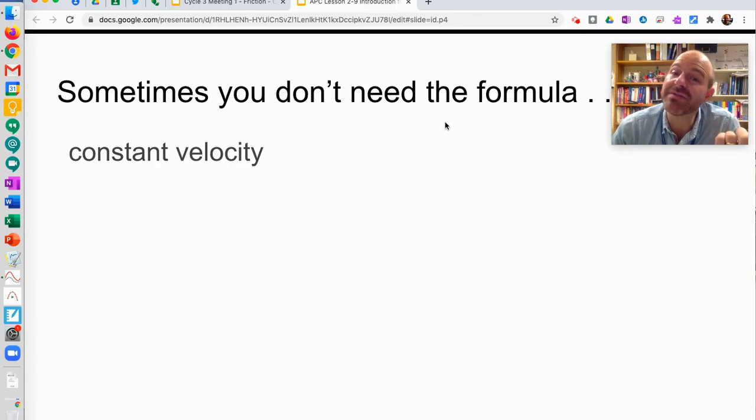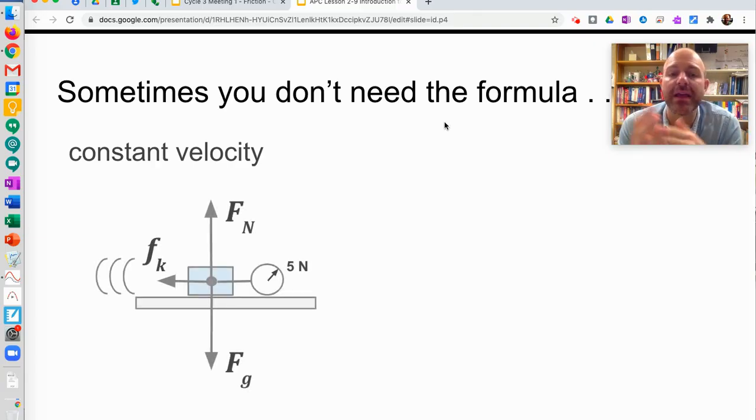But it turns out you don't always even need the formula. If you're pulling something at constant velocity, you know that the forces have to be balanced. So if you pull with a force probe, which is what I did, or a spring scale to make those videos, the force you're measuring when you're pulling at constant velocity, or you're pulling it and it's not moving, is equal to the frictional force. So in this case, kinetic friction is 5 newtons.